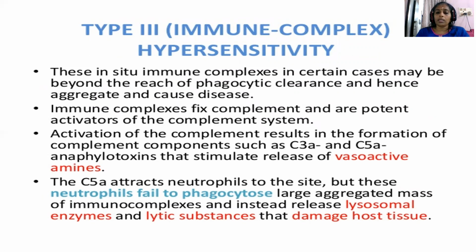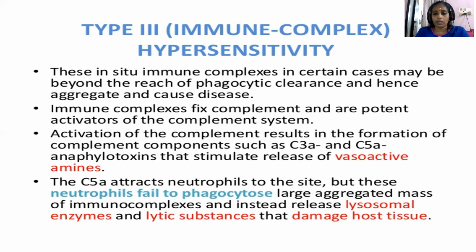Generally what happens is, the antigen antibody complex is formed and fixes complement. As I said, there are two pathways in which the complement is activated, the classical pathway as well as the alternate pathway.